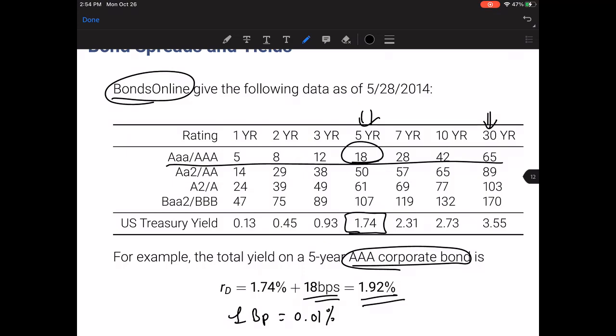So remember, these basis point spreads are in per annum terms, and of course using shorter maturities is fine if, for example, you think the firm is going to be sold within 5 years. But if you're assuming the firm is going to be close to infinitely lived, maybe it will still exist within 30 years, then the recommendation is to use spreads with the longest maturity. Okay.